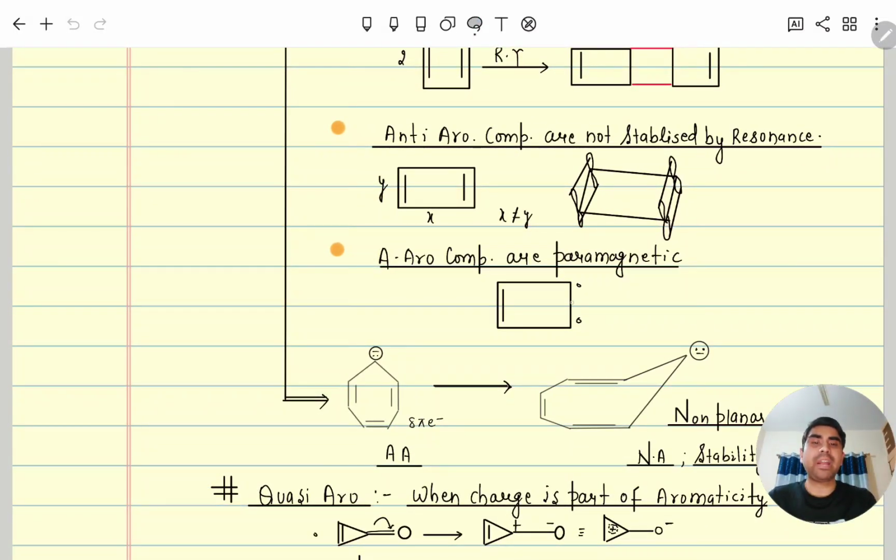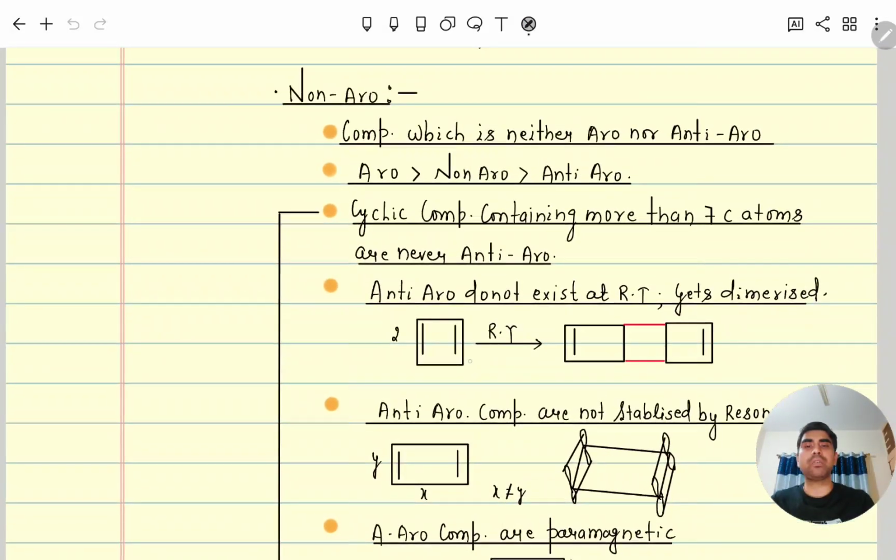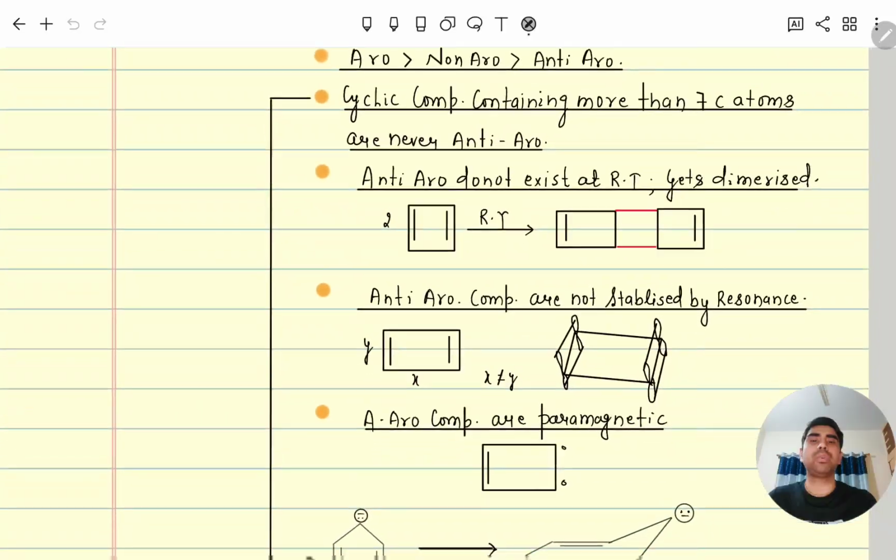Anti-aromatic compounds are paramagnetic, meaning they have unpaired electrons. Because it is unstable, even a little energy will generate free radicals, so they are paramagnetic. And as I told you, if an anti-aromatic compound contains 7 or more than 7 carbons, in a cyclic compound, it will become non-aromatic.